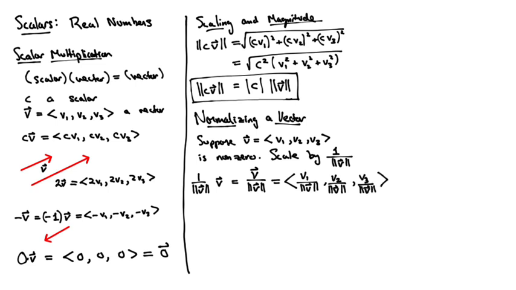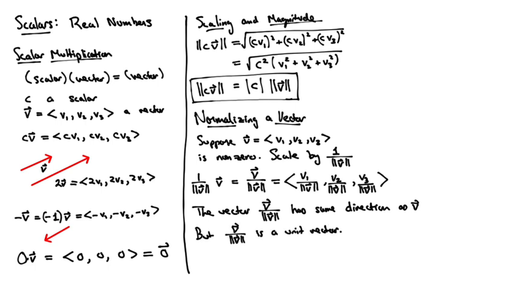That is going to be a vector that has the same direction as v, but it will now be a unit vector. And that's because of the principle up here. I am taking c to be the reciprocal of the length, so I'll have 1 over the length of v times the length of v, and they'll cancel out, and I'll get 1. So we're guaranteed to get a unit vector in this situation.